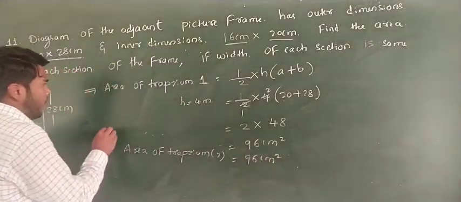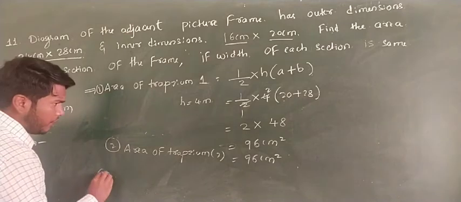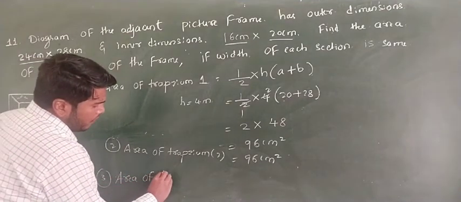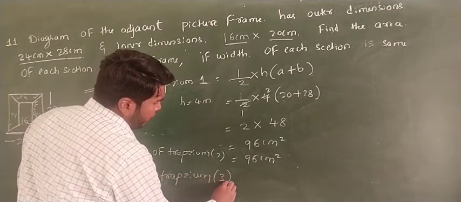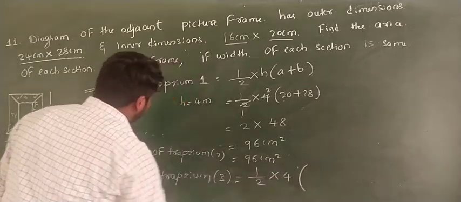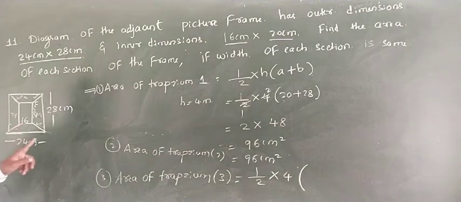Now you need to find the area of trapezium 3. The area of trapezium 3 is equal to again half into 4, which is common, into 24 plus 16.